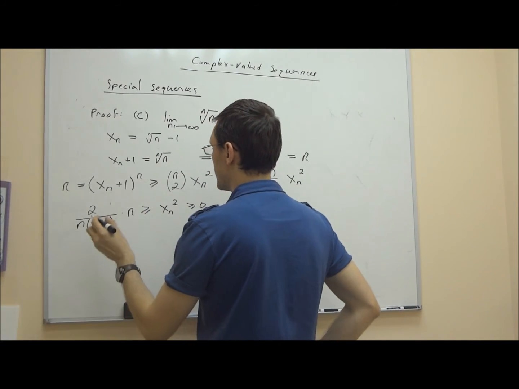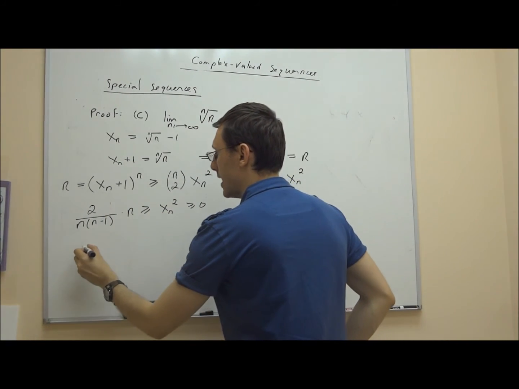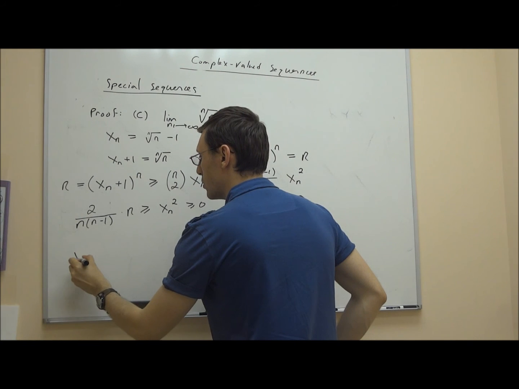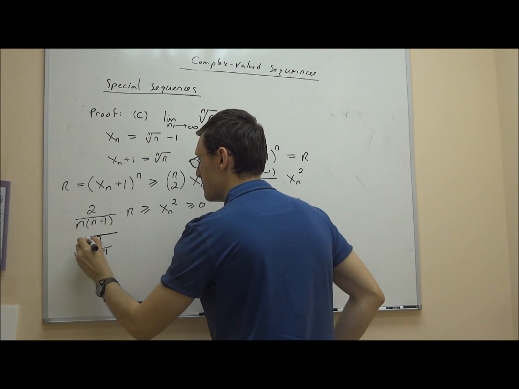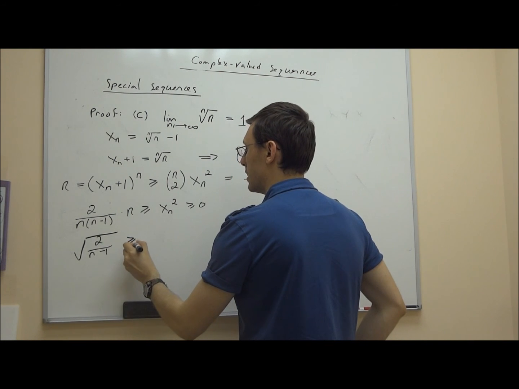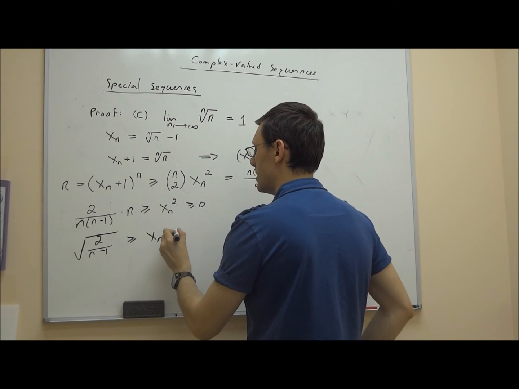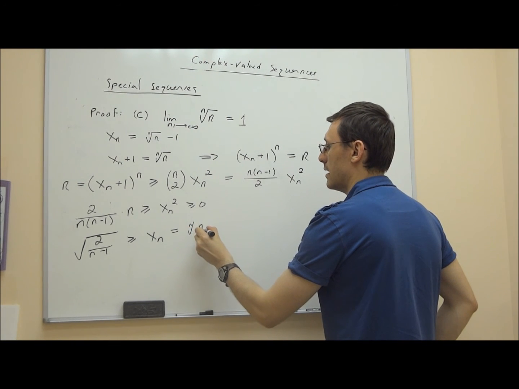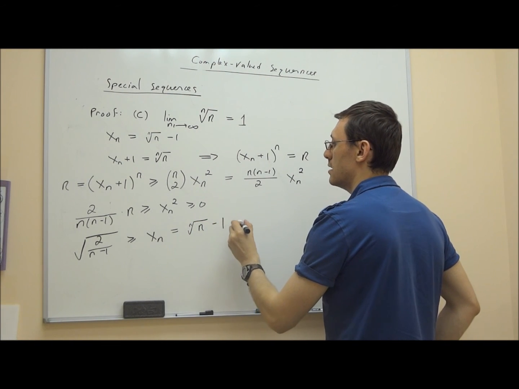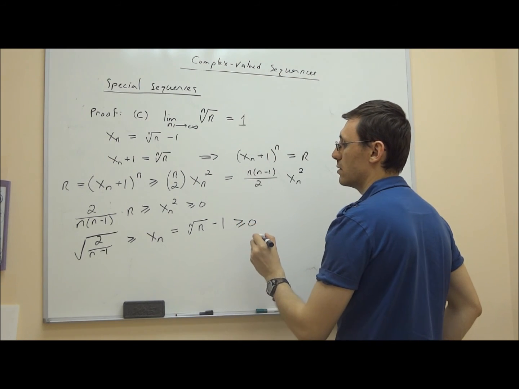Taking roots and cancelling, we have that the root of 2 divided by n minus 1 is bigger than or equal to xn, which, if you recall, is the nth root of n minus 1, and that's bigger than or equal to 0.